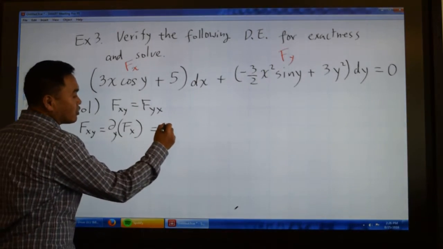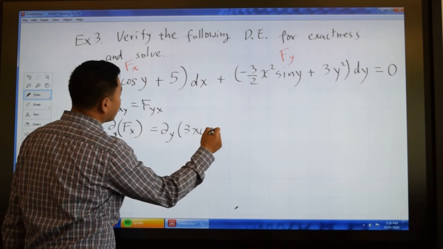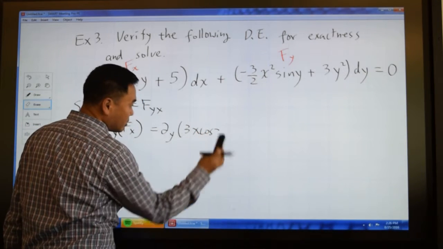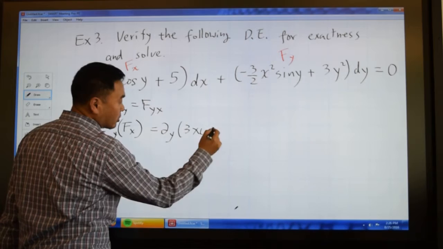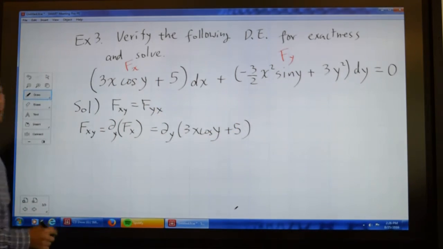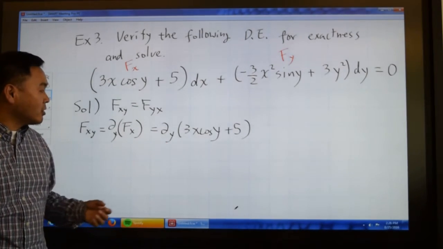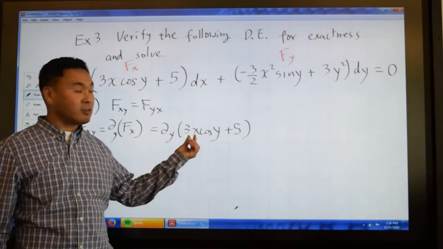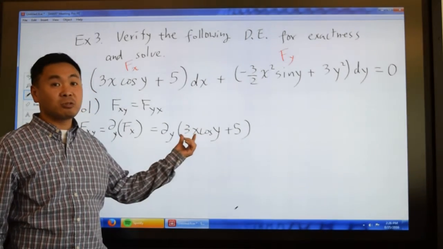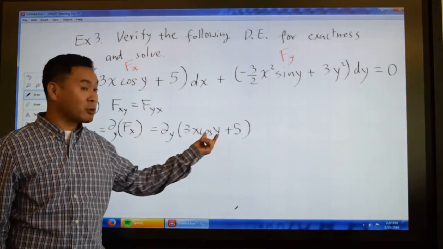Which means you have to differentiate the first one, 3x cosine y plus 5 with respect to y. Now this is a partial differentiation, which means you're considering x as a constant. So although you have 3x, you have to consider this as a constant multiple of cosine y.